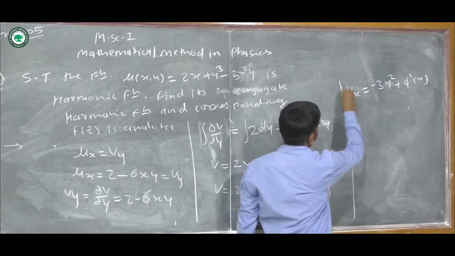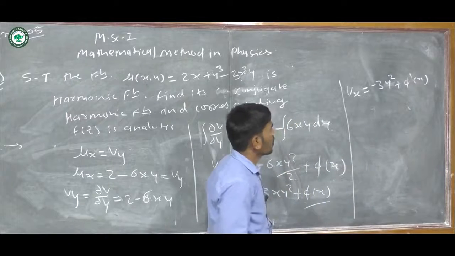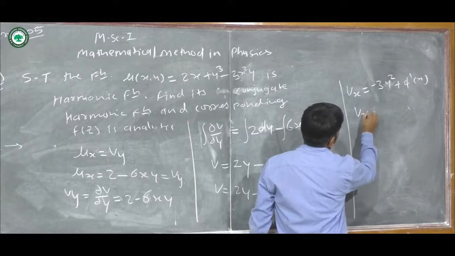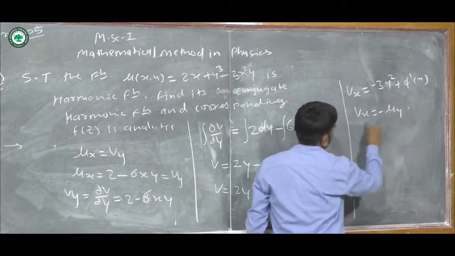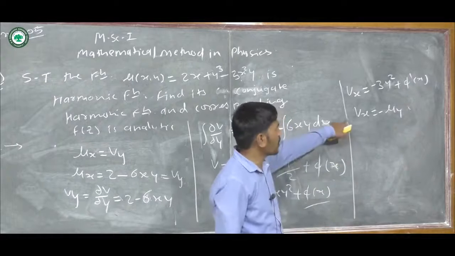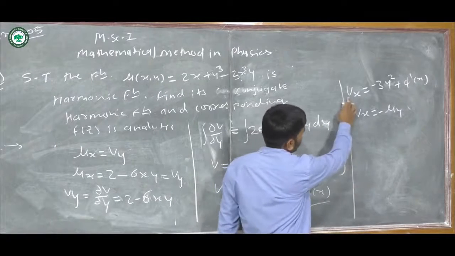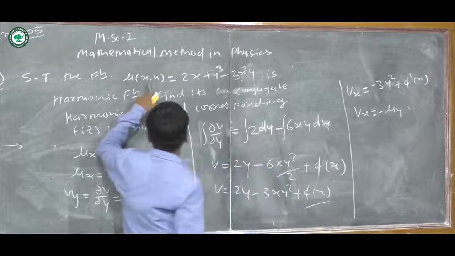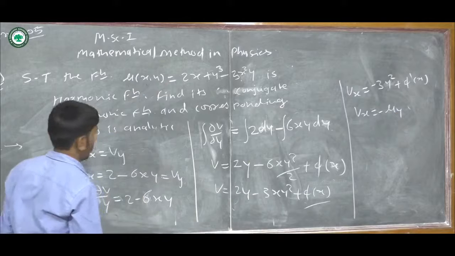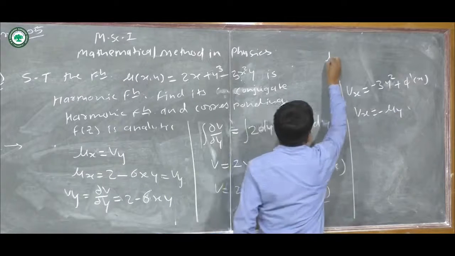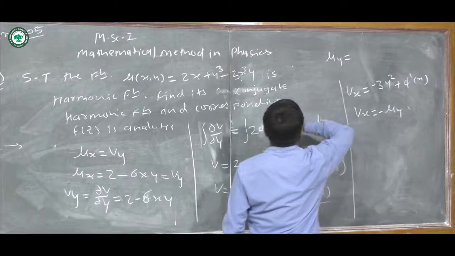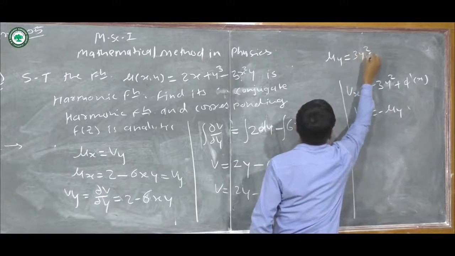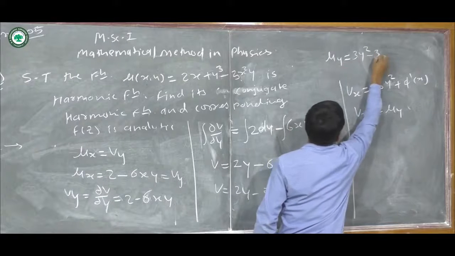So if we compare with the second condition, that is v_x is equal to minus u_y. This is the second condition for the CR equations. We already calculated u_y from the given example, the derivative with respect to y, that is 3y square minus 3y.